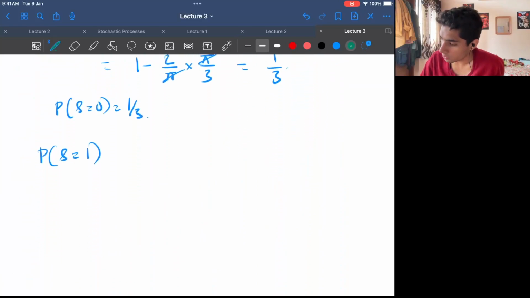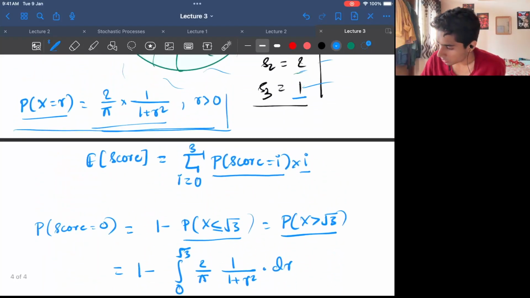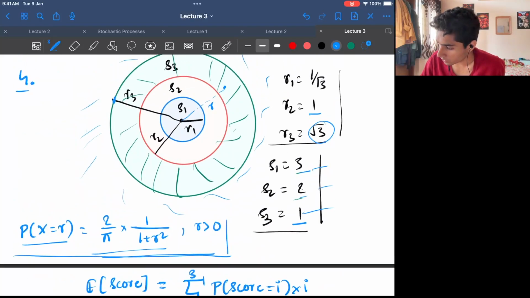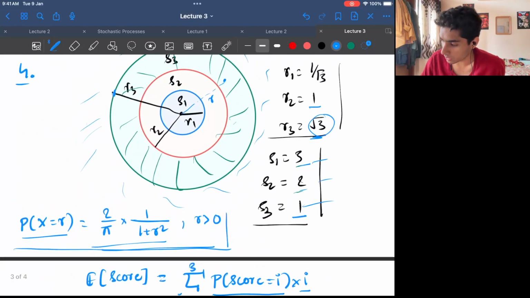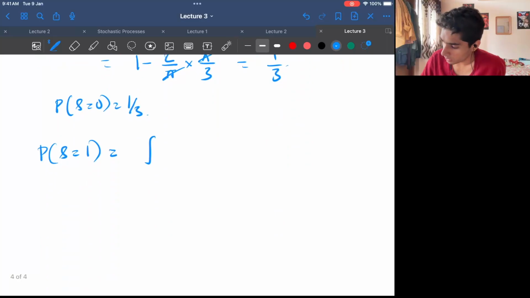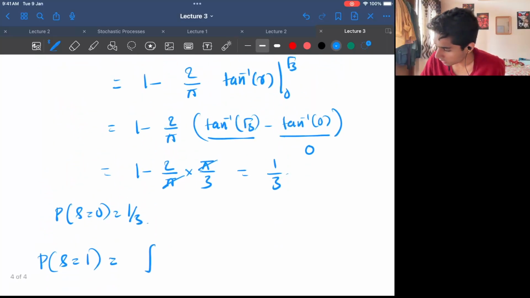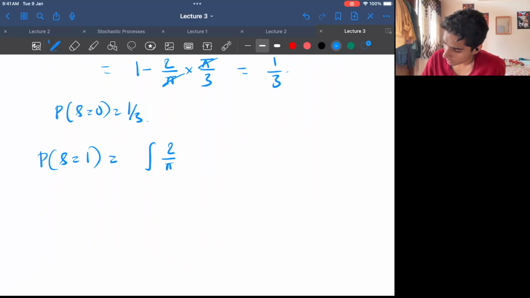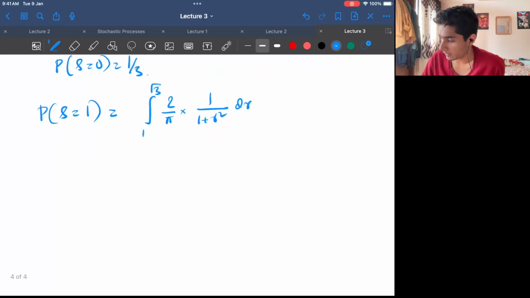For that, you will just have to change the limits, right? So now you have to integrate from R2 to R3. R2 is 1 and R3 is root 3. So this will be again 2 by pi into 1 over 1 plus r square dr, and r should go from 1 to root 3, right?